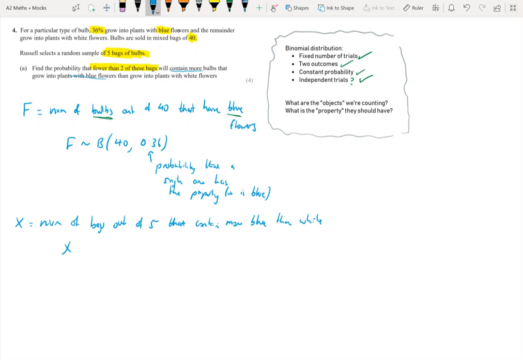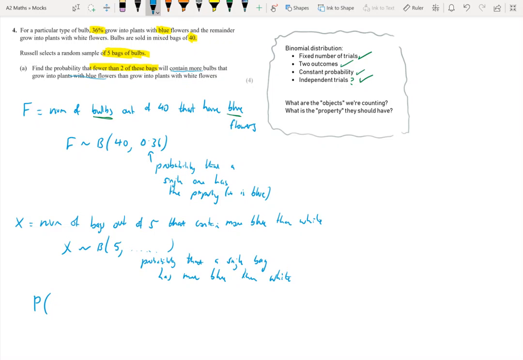This is again going to tick all the boxes of a binomial distribution based on 5 bags and a probability here that we'll come back to in a second, but it's the probability that a single bag contains more blue than white. Probability that a single bag, because bags are what we're counting, has the property, and the property is more blue than white.